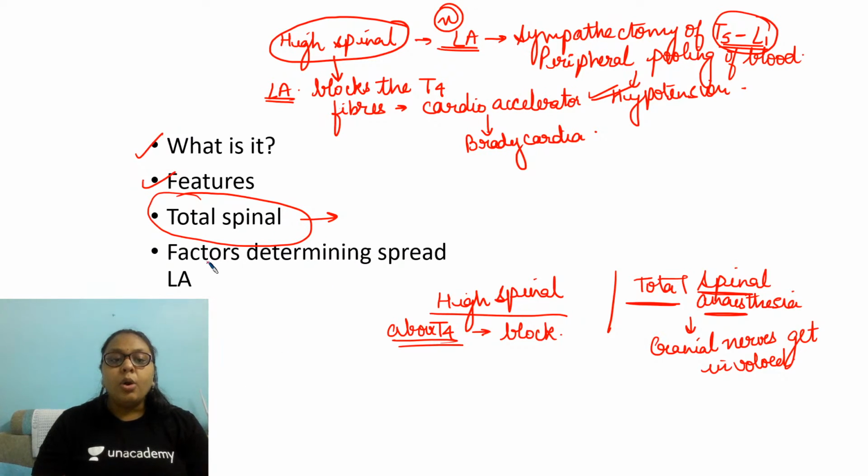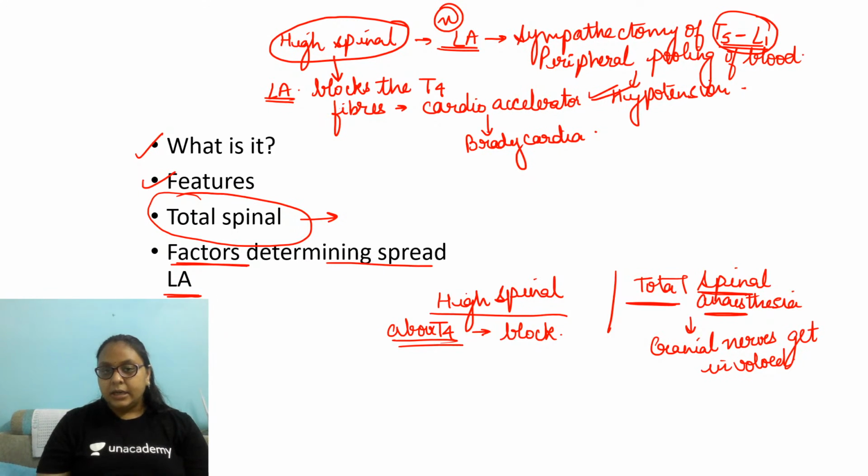Okay, now one more question. What are the factors that determine the spread of local anesthesia? ठीक है, the factors that determine the spread of local anesthesia, that means जब लोकल एनेस्थीसिया दिया है तो वो कितने लेवल तक जाएगा, what are the factors which are determining it? So there are factors related to the drug.